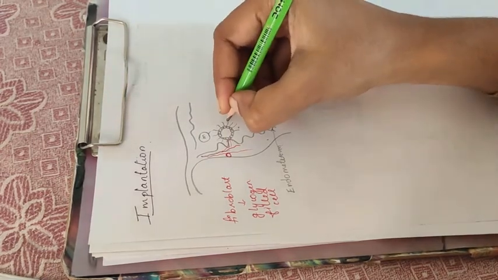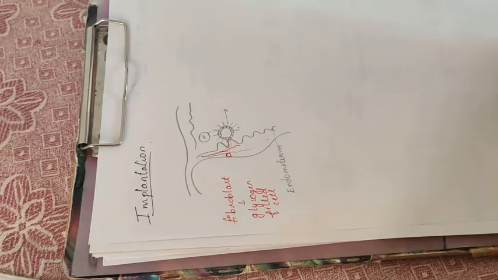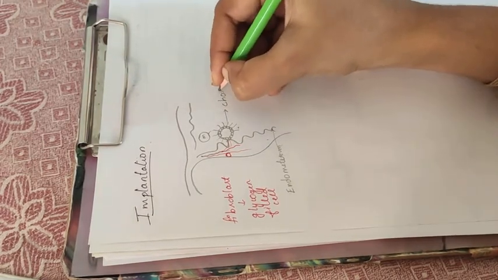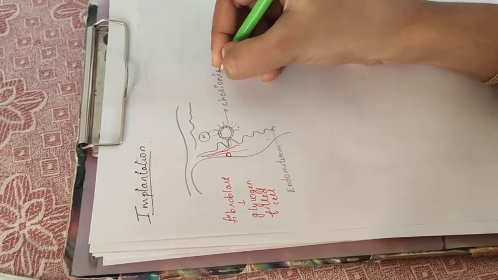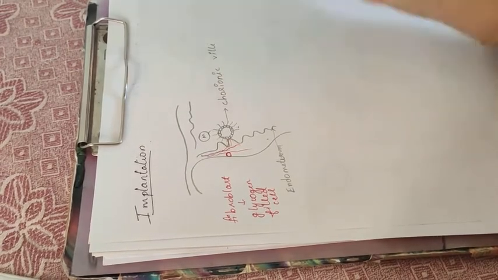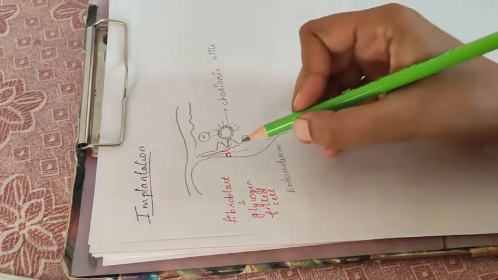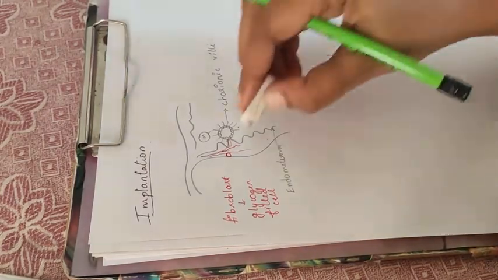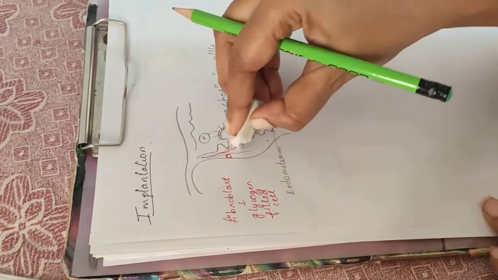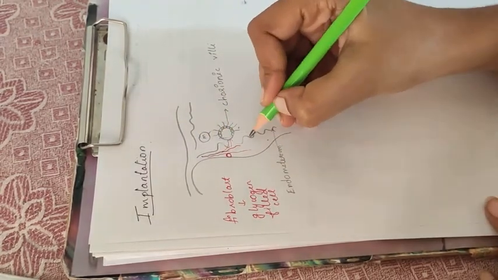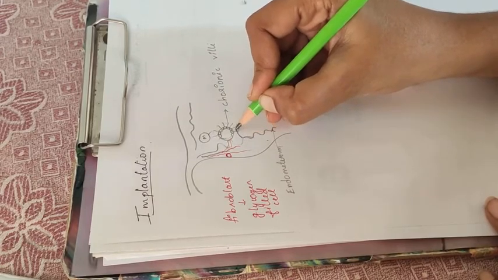The trophoblast produces finger-like projections which are called chorionic villi. And also the endometrium lining, what you see here, will get ruptured and they start growing like this.